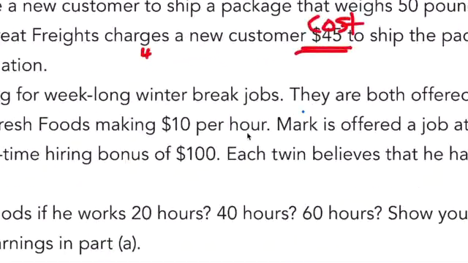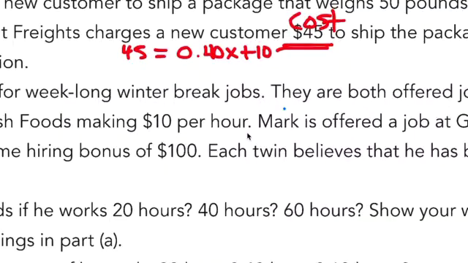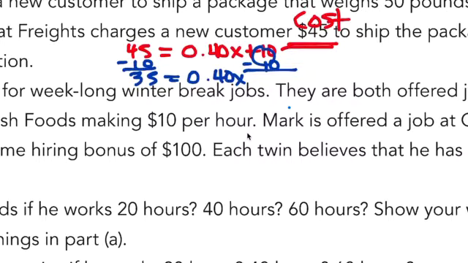So it's 45 equals 40 cents per pound plus the $10 setup fee. So you solve the two-step equation. But first, if there's a plus sign, you subtract, right? You make the 10 zero first. 35 equals 0.40x. You need to use another piece of paper.